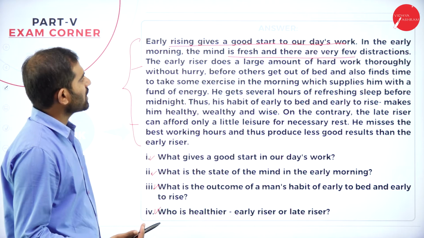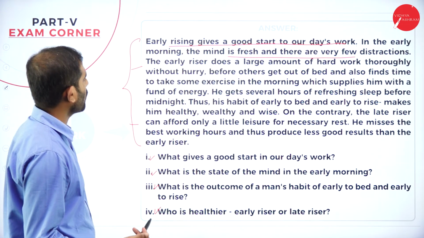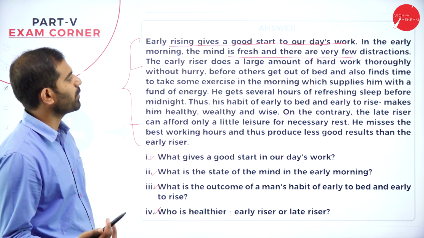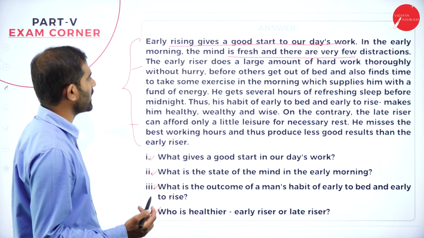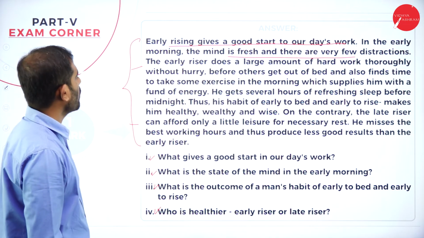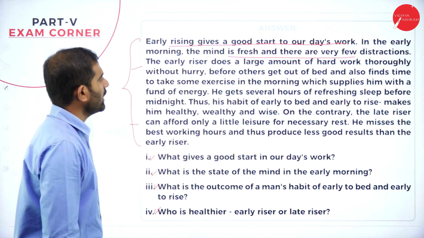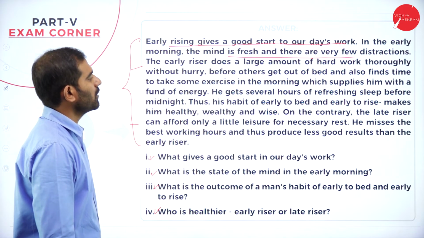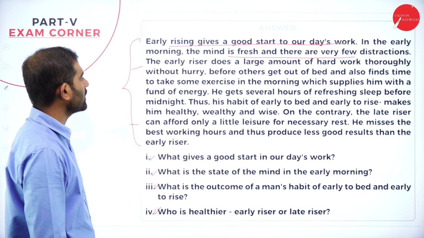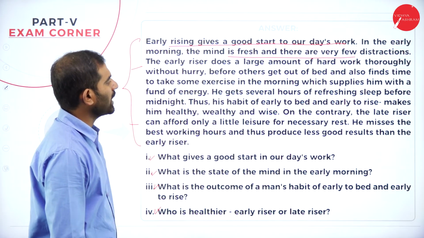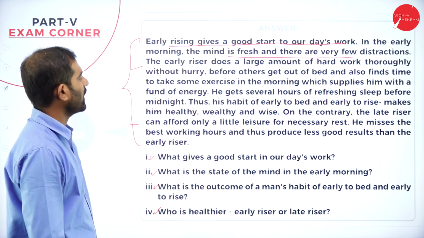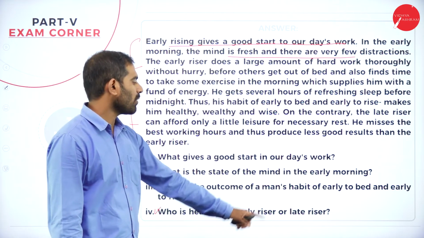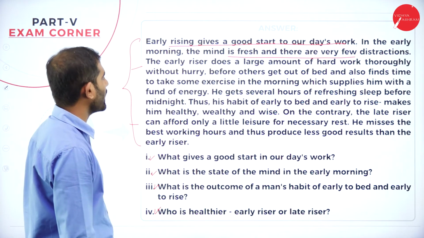The early riser does a large amount of hard work thoroughly without hurry before others get out of the bed and also finds time to take some exercise in the morning, which supplies him with a fund of energy. He gets several hours of refreshing sleep before midnight. Thus, his habit of early to bed and early to rise makes him healthy, wealthy and wise.